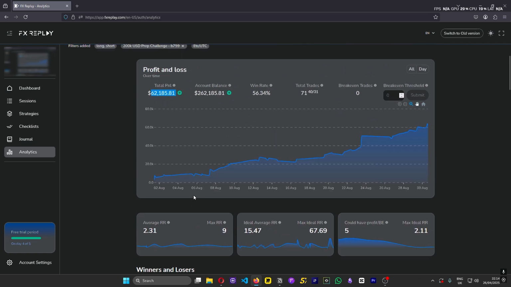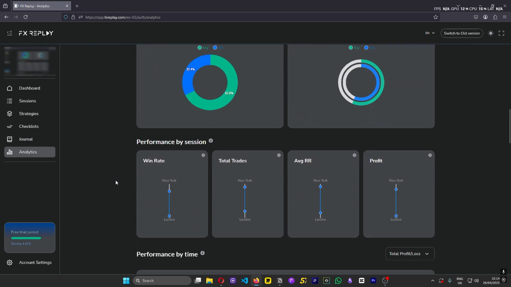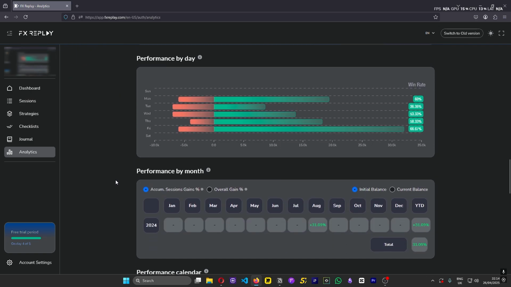But yeah, these are crazy results, bro. Absolutely amazing. I did not expect to do this good, because my best month was like a 20% return.